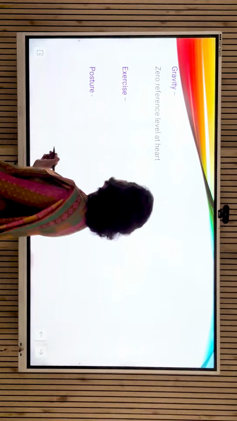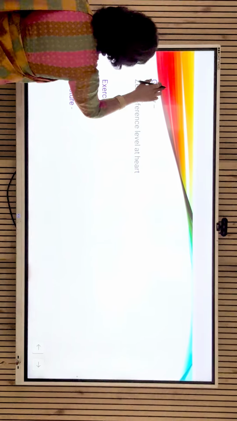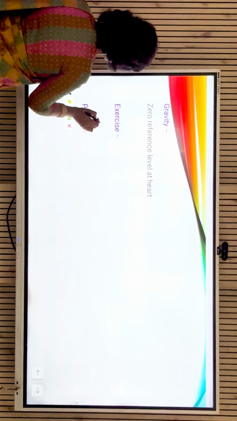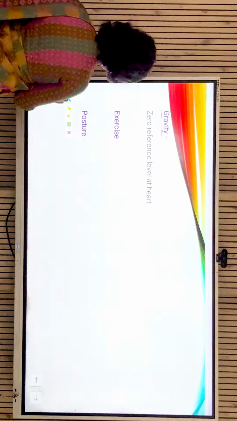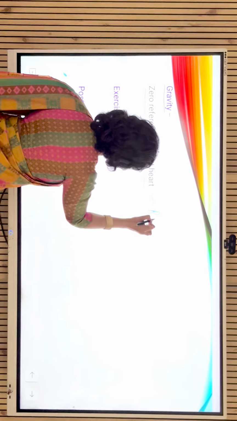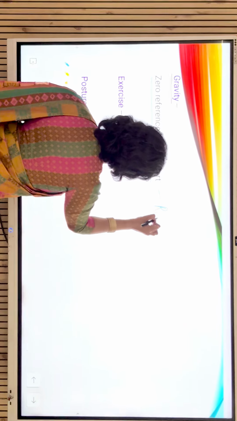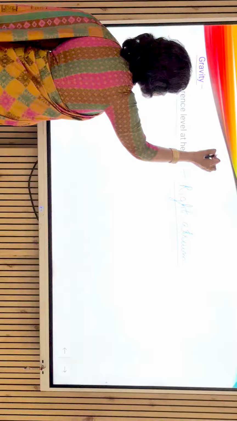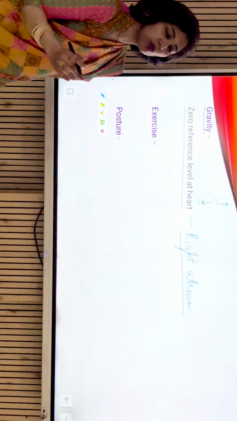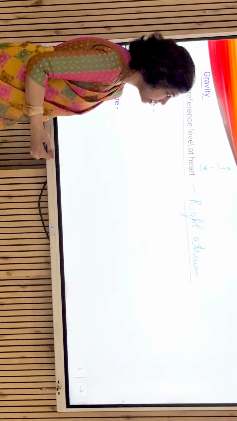The next factor is gravity. It is a very, very important factor in the determination of blood pressure. Taking the zero reference level at the level of the heart, meaning at the level of the right atrium, in the blood vessels that are below the heart there will be an increase in blood pressure, whereas the vessels above the heart will show the vice versa effect, declining blood pressure.